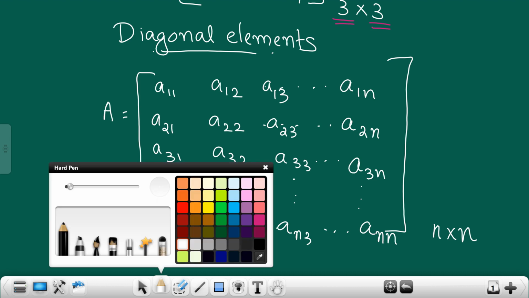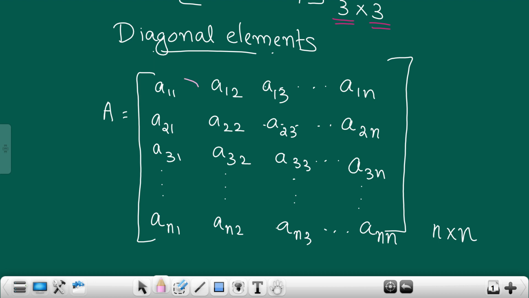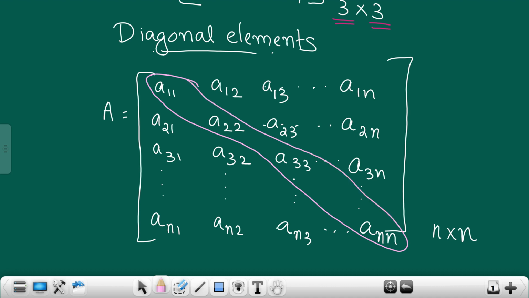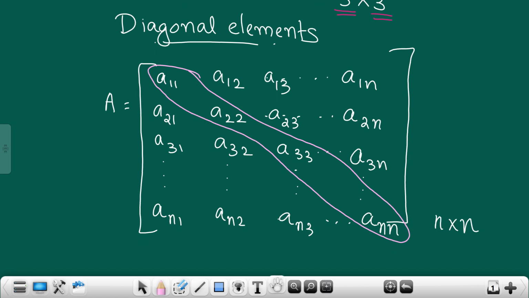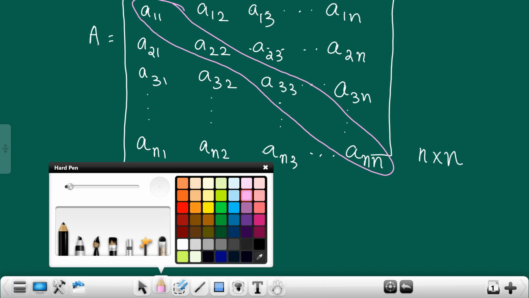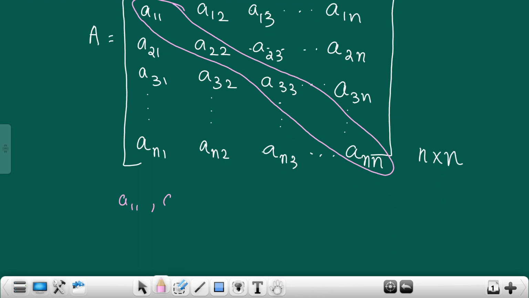Diagonal elements means A11, A22, A33, etc., Ann. These elements are called main diagonal elements. These are known as diagonal elements in a square matrix.